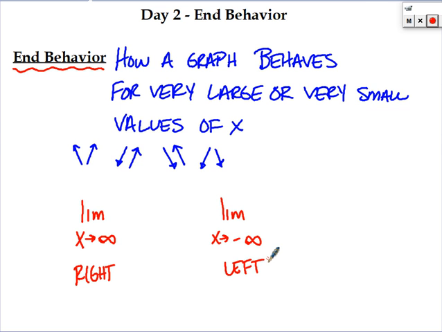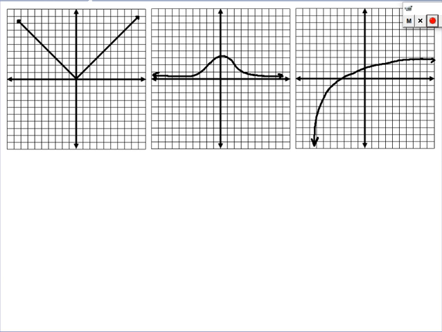So if I look at this absolute value graph, this v, we know that the function is absolute value of x, okay? I want to look at my two end behavior limits. So the limit as x approaches infinity, and the limit as x approaches negative infinity. So this first one is going to the right.